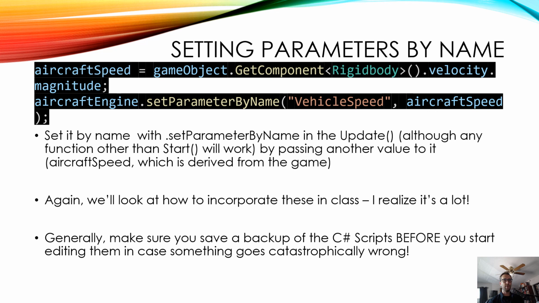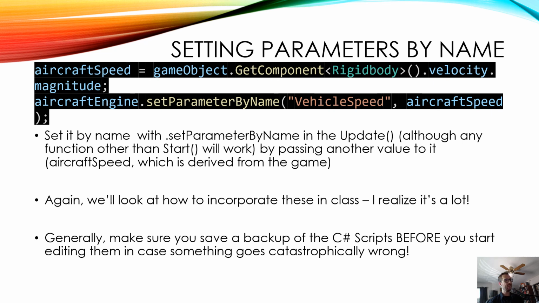And one thing, just to make sure that you are doing this already, back up your code before you edit it. Make a backup. It costs nearly nothing in terms of hard drive resources to create a backup of the C# script before you start editing them. In case something goes wrong, you always want to have a working backup. So make sure you are saving frequently and back up as soon as you make a major change that works.